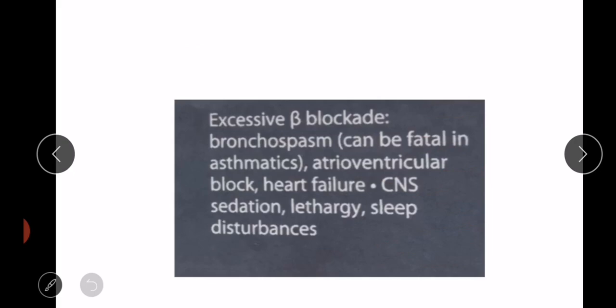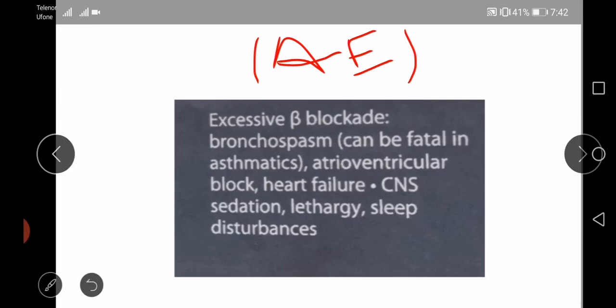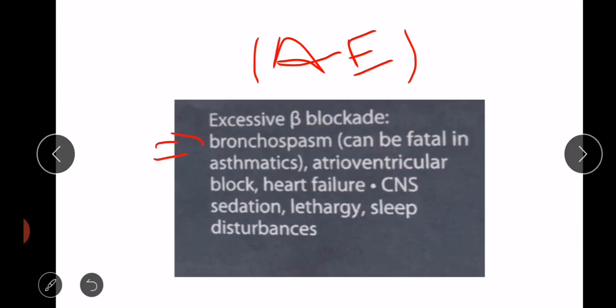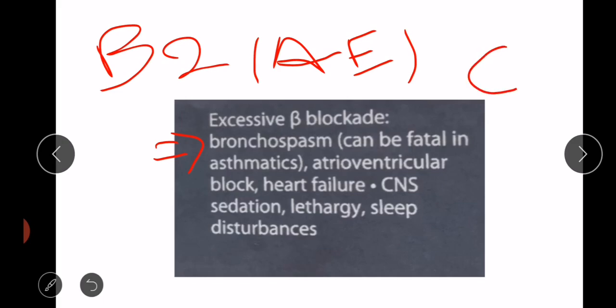Now, what are the adverse effects of beta blockers? The adverse effects of beta blockers are 1. Bronchospasm due to the beta 2 blockade, and it is fatal in asthmatics. So these are contraindicated in the asthmatics, especially non-selective beta blockers.